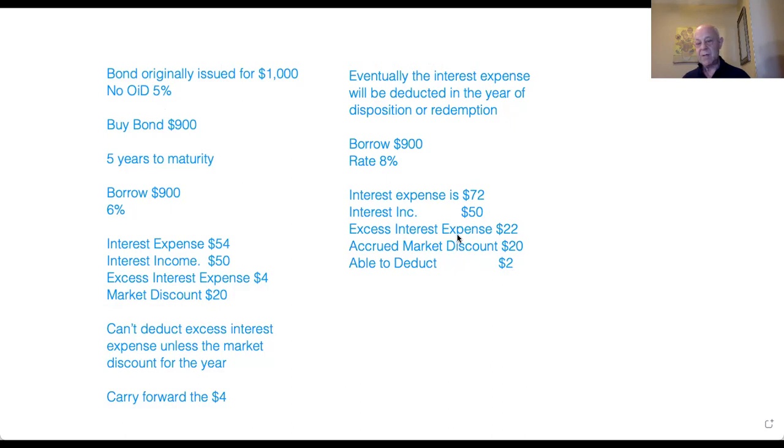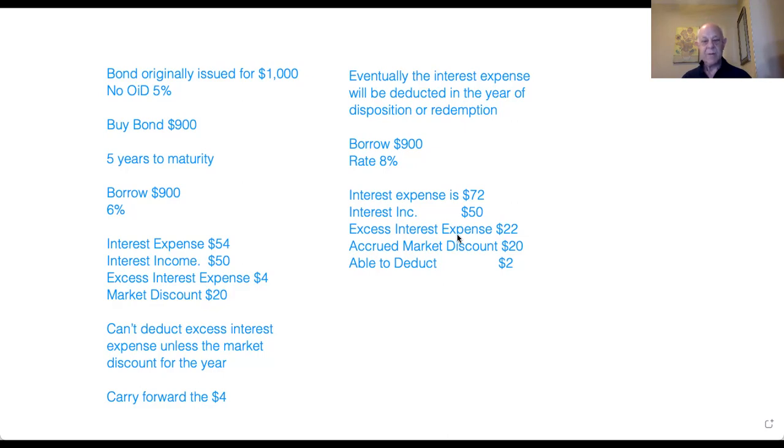And then next year, when we do our calculation, we're going to start off with $20 of interest expense. We'll add to that the amount of interest expense that we've incurred for that year, compare that to the market discount, and see if we can deduct it in the following year. And if we can, that's great. If we can't, then we're going to have to defer a portion again.